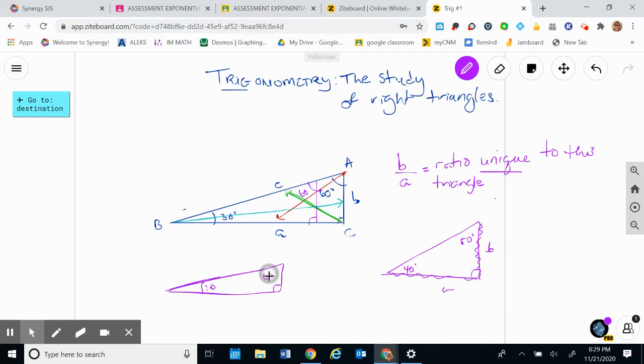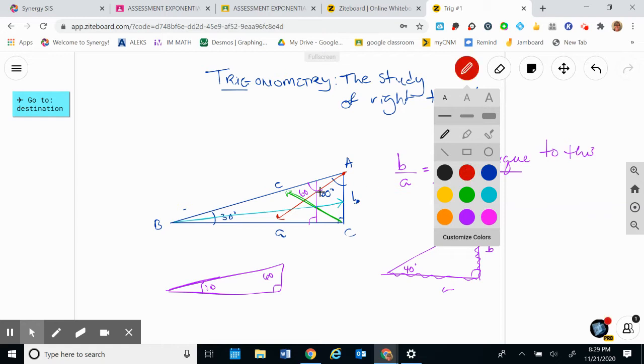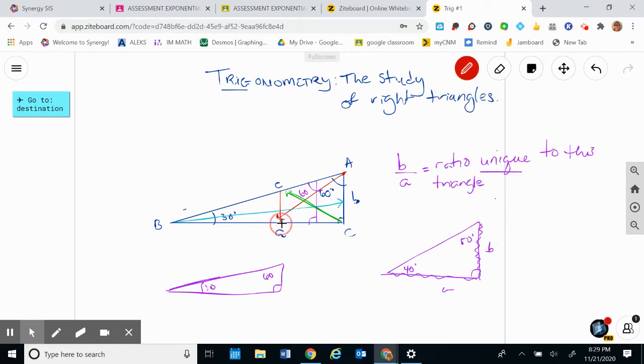It's still a 30, 60, 90. We have similar triangles. If I kept drawing parallels to this 90, I would keep creating similar triangles. In this similar triangle, this ratio, B over A, is still going to lead us to a 30, 60, 90. So every 30, 60, 90 has the same ratios.